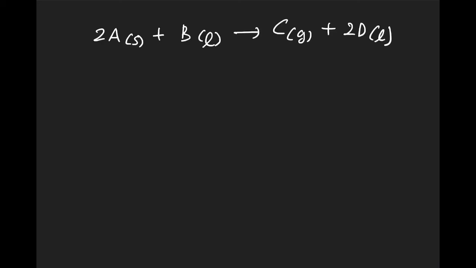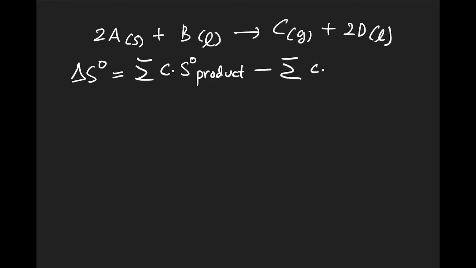We can find the change of the entropy here also by taking the sum of the coefficient multiplied by the entropy of each of the products minus the coefficient multiplied by the absolute entropy of the reactants. So for this particular reaction, we can calculate it this way.